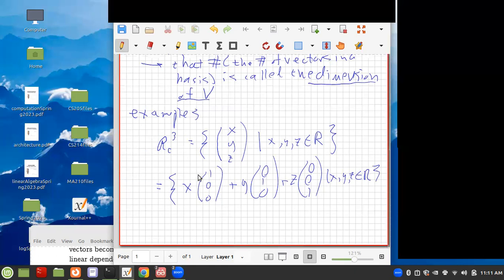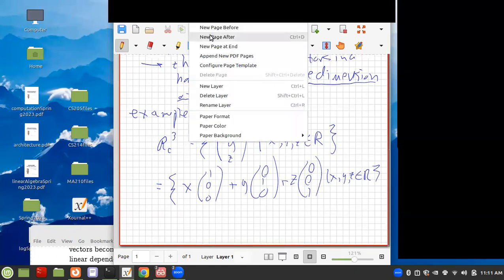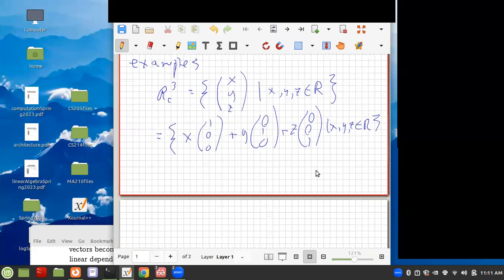Now, what we've done here is rewritten this definition as an explicit span.